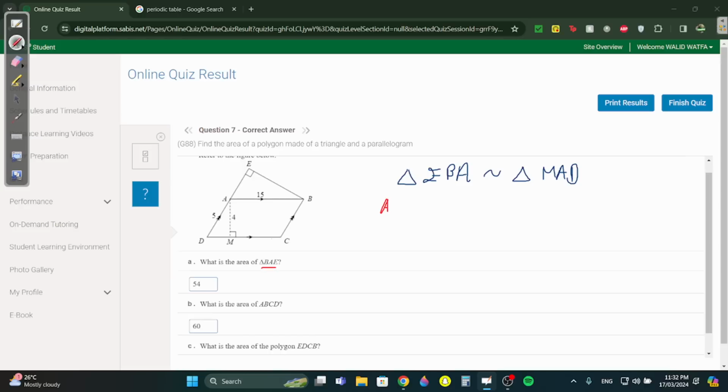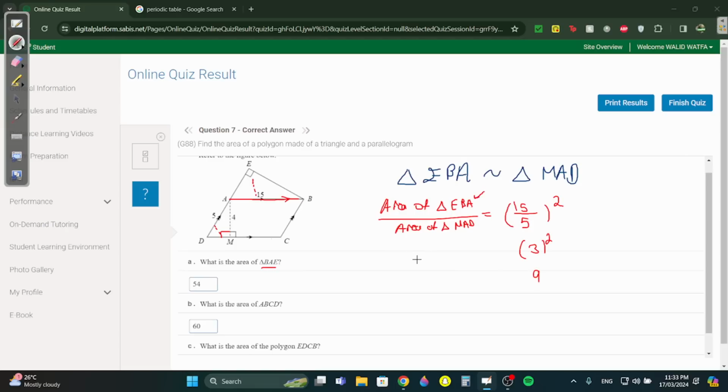The area of triangle EBA over area of triangle MAD equals side 1 over side 2 squared. The sides that we have: I have this side, which is the hypotenuse, so that's part of EBA, 15, over the hypotenuse of this one, which is 5, squared. 15 over 5 is 3, so 3 squared, so that's 9.